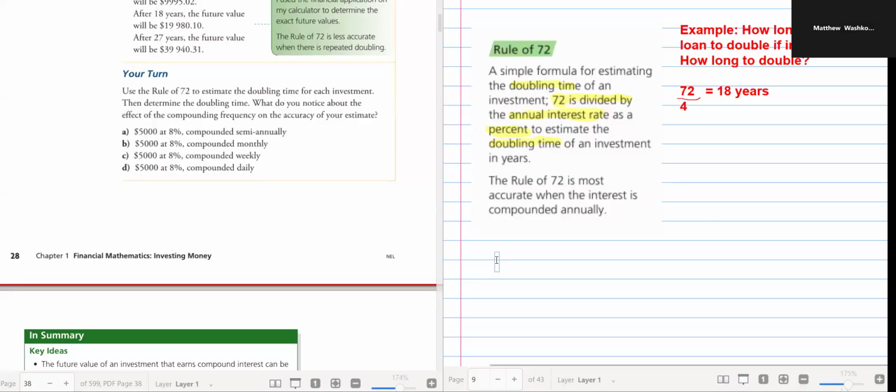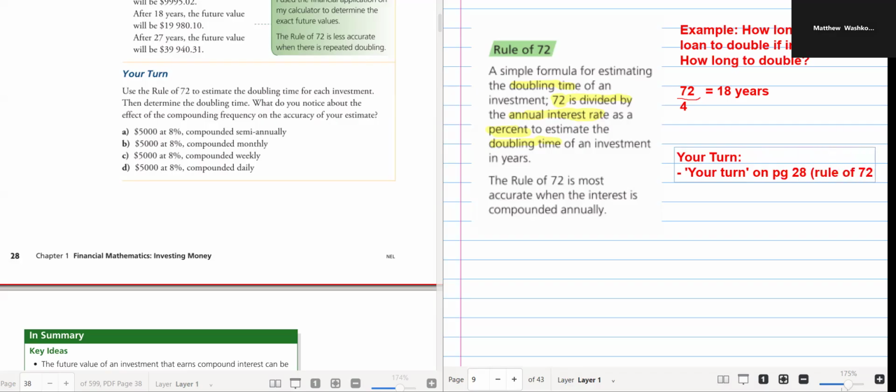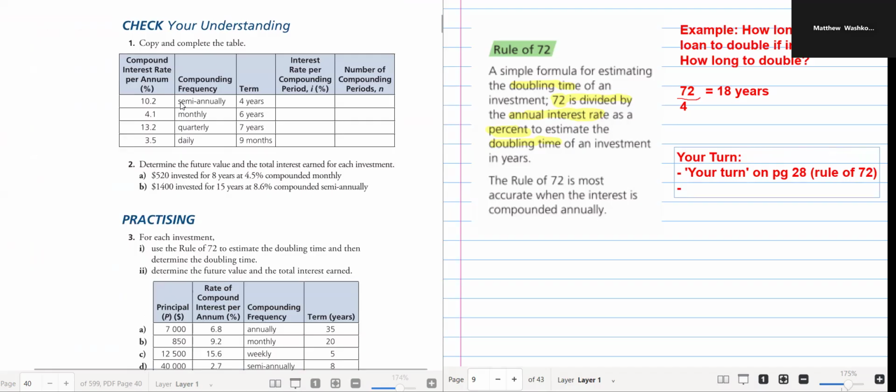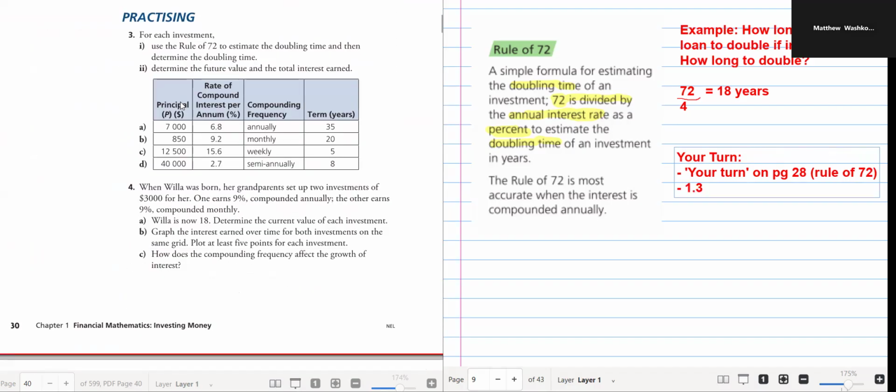So at this point, your turn: I want you to complete the your turn on page 28, the rule of 72. Then I want you to complete 1.3 in your workbook.